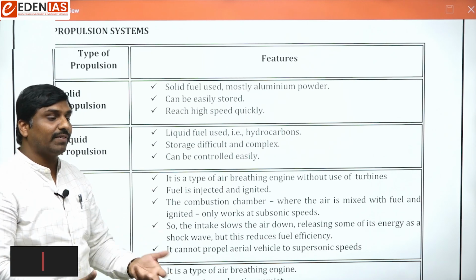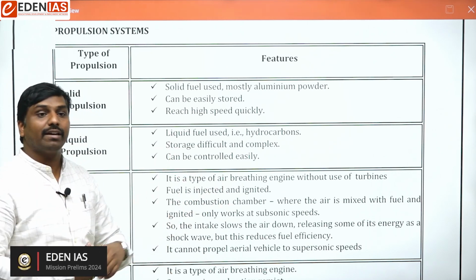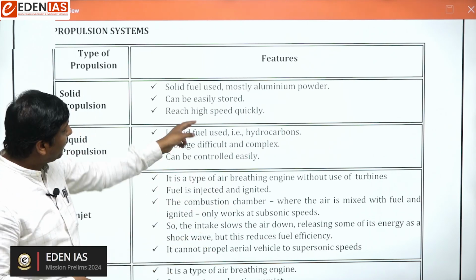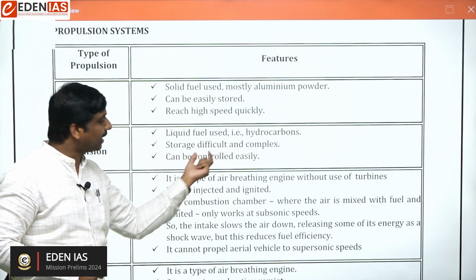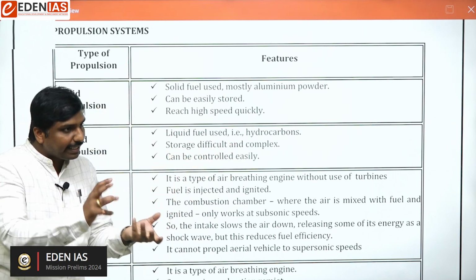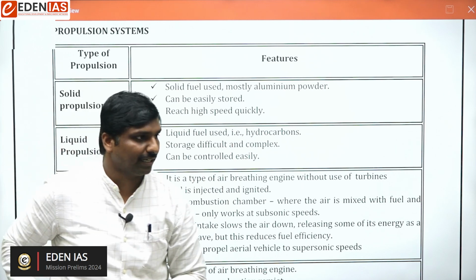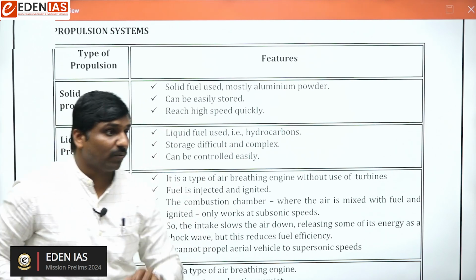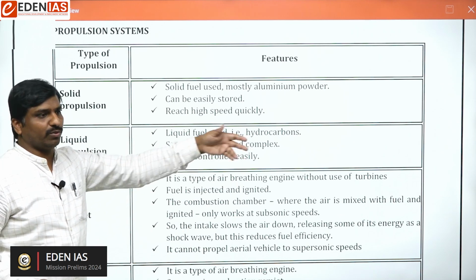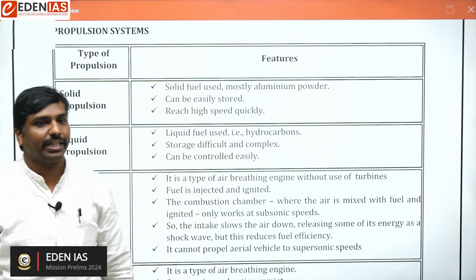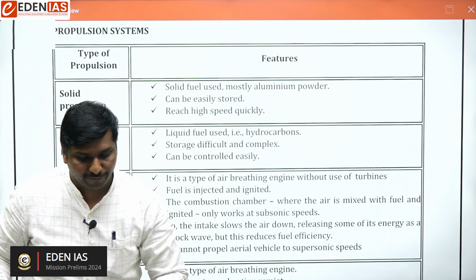If you have more weight, then more fuel is consumed. So we have used liquid fuel; though storage is difficult, it can be controlled easily and it gives less weight to the launch vehicle. Generally hydrocarbons are used, like UDMH. That is one common liquid fuel.